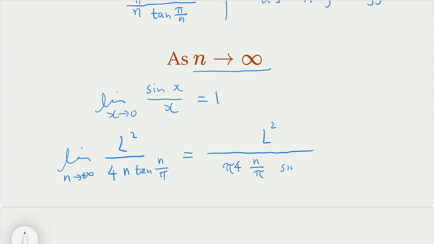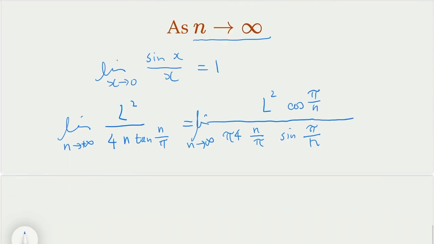So we have sine pi over n and cosine pi over n, as n goes to infinity. The cosine goes to 1, so the top is equal to 1 times 1.